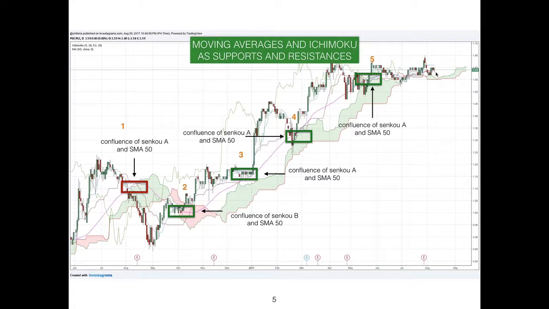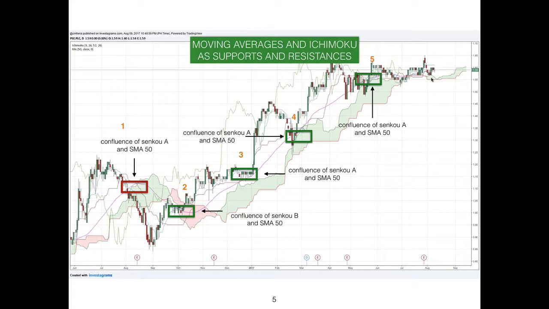So in this area, since the kumo is very thin, even if there's a confluence between this SMA 50 and the kumo at this area, you wouldn't expect this to be a strong support level because there are more resistances on top than supports at the bottom. So this could break down through this thin kumo.